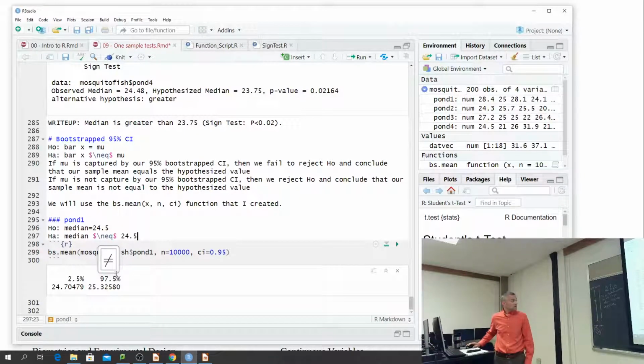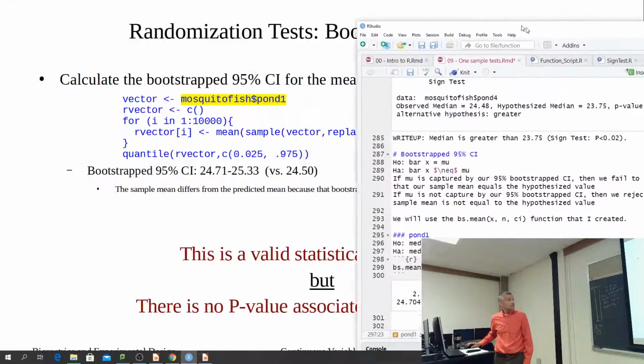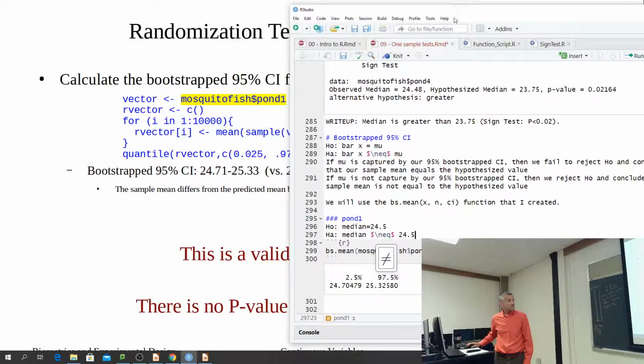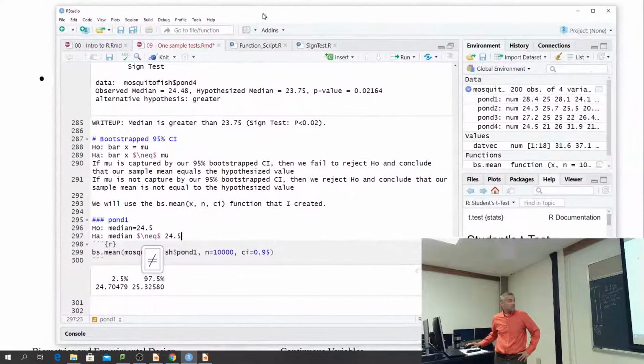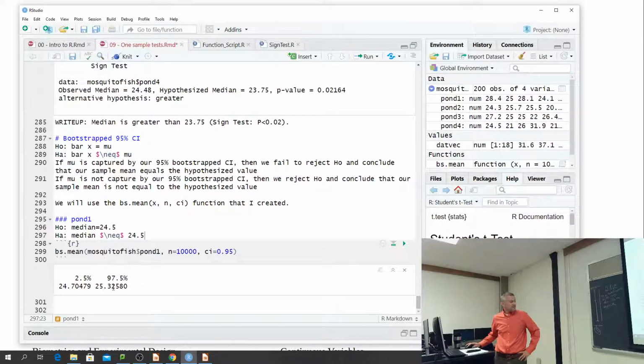I did it at another time when I made the presentation, and I got 24.71, 25.33. 25.33 is the same number, the other was just slightly lower. That's just randomness.